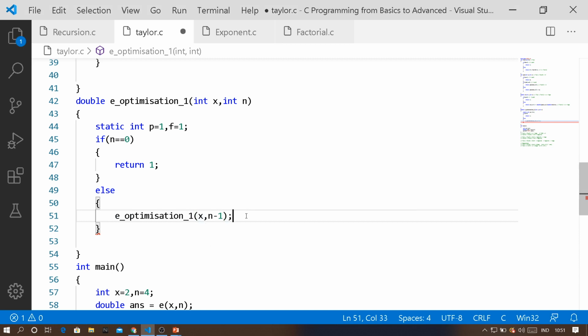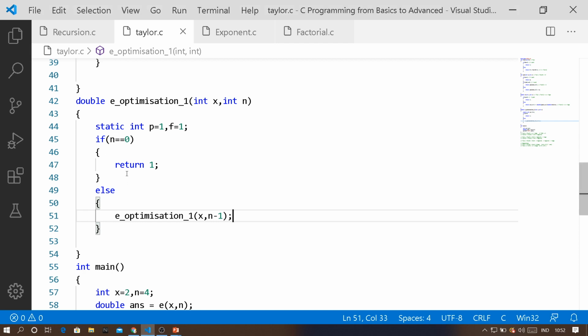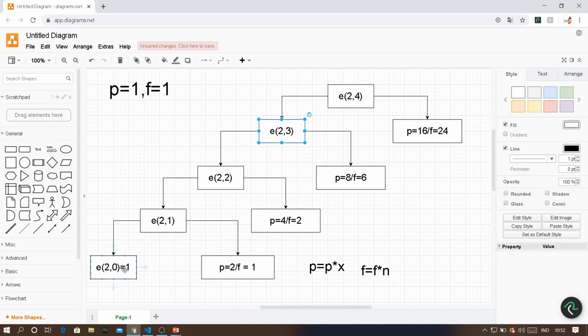This recursion call will be calling e of 2 comma 3, 2 comma 2, 2 comma 1, 2 comma 0 at some point of time. At some point, this if condition will evaluate to true and this will return 1. Whatever value is returned here will be sent back to the recursion call here. That value 1 is very important, because that one value has to be added to p divided by f, power of 2 divided by factorial of 1.